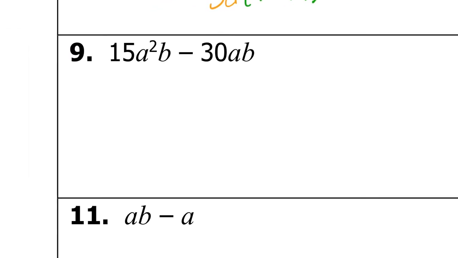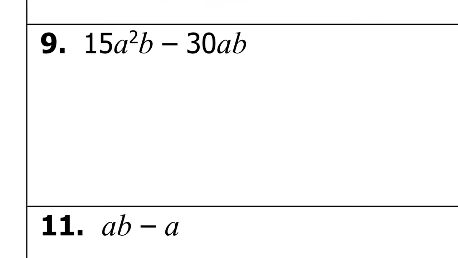Now, when you have multiple variables, you're going to do the same process, except we're going to be really careful with how we write our variables. So again, start with those coefficients or those numbers. 15 can be written as 3 times 5.